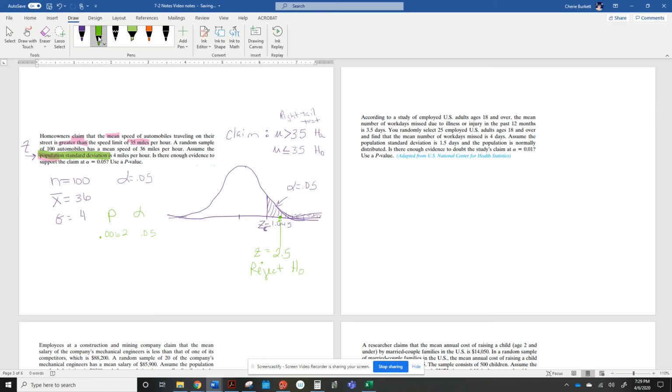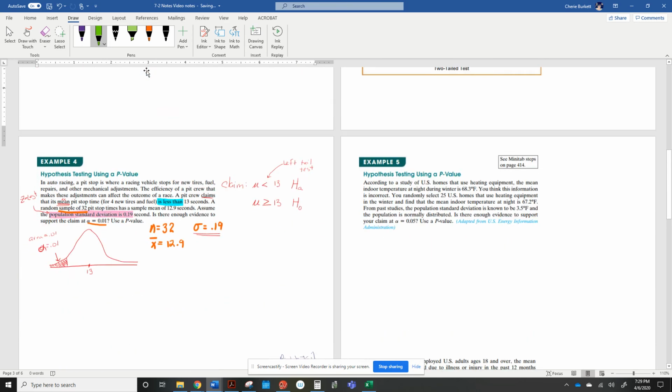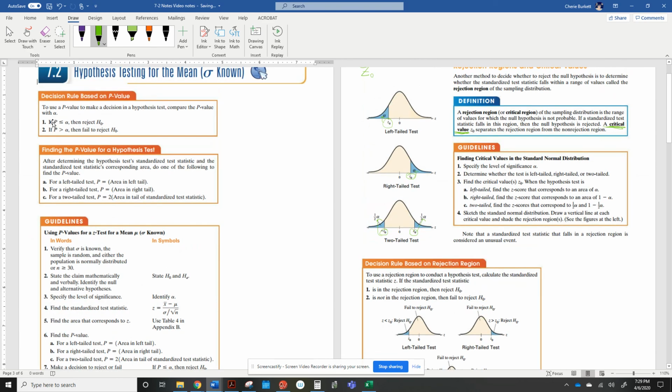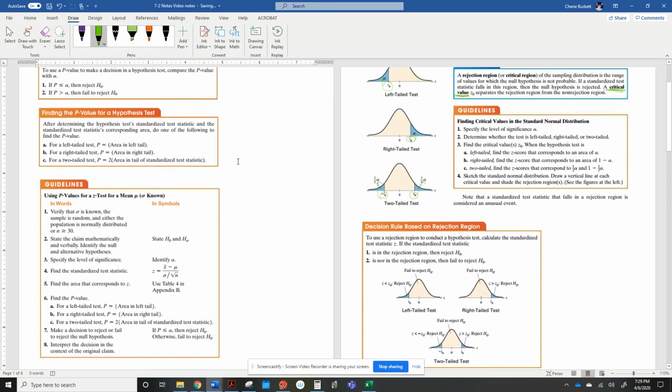This number has a 5, so this number is smaller. So it's less than, and this also says we reject H sub O. If you're wondering where I got that from, I got it from right there: when P, which was 0.0062, is less than 0.05, then we reject H sub O.